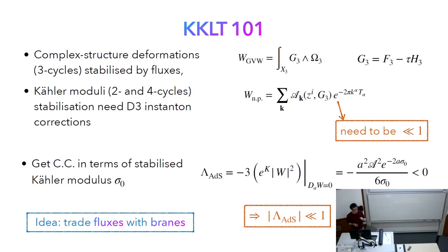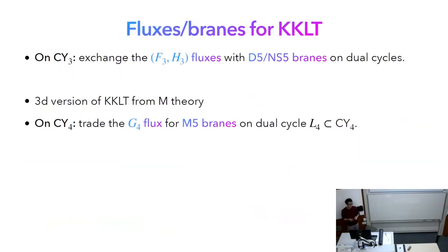The idea here is that we want to study this from holography, and the tool to do this is to trade the fluxes for branes. I am on the Calabi-Yau 3. I can exchange the fluxes F3 and H3 for D5 and NS5 branes that are wrapping dual cycles, so they would source these fluxes.